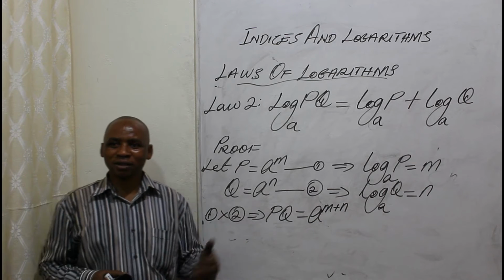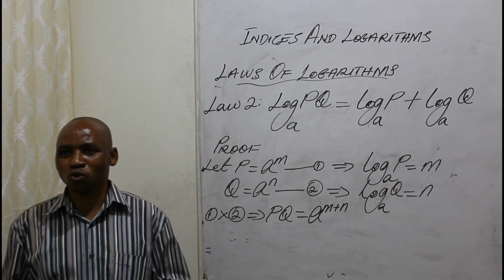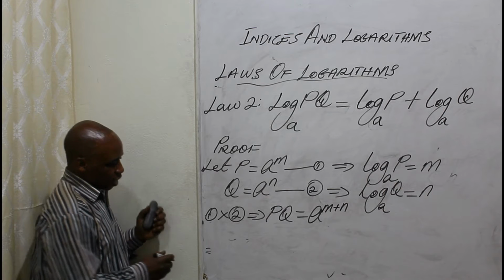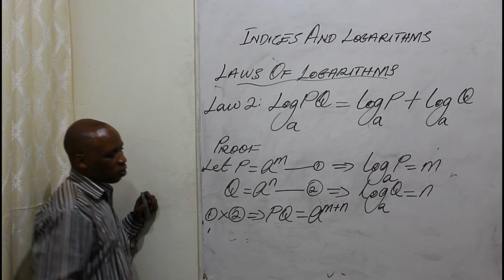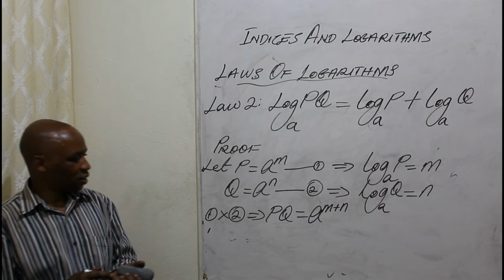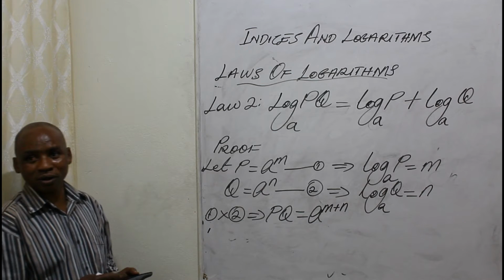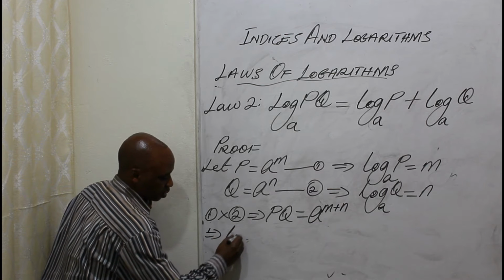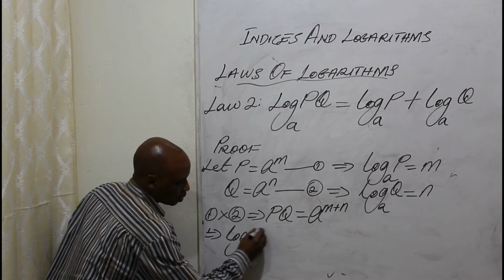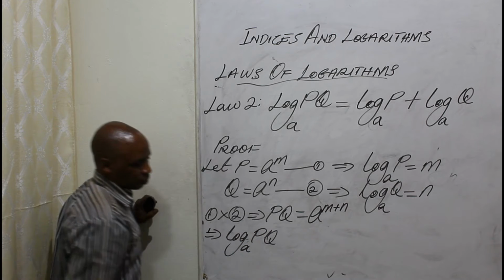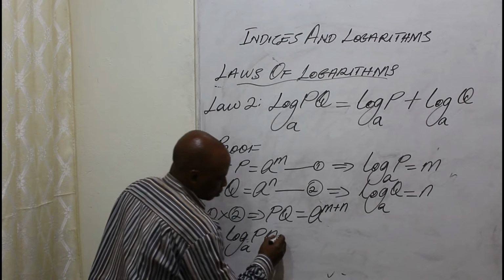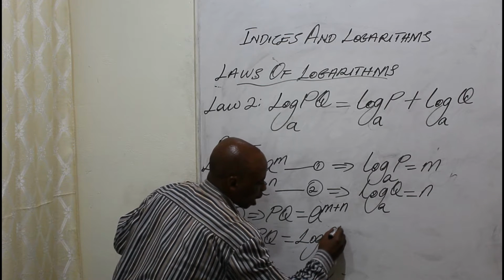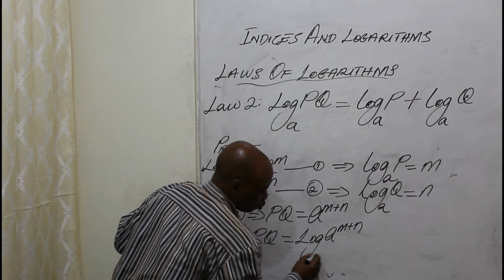When you are multiplying indices of the same base, you add the exponents. Then the next step is we take the log to base a of both sides of the equation. And with this, we will get log a of pq being equal to the log of a raised to the power m plus n to base a.